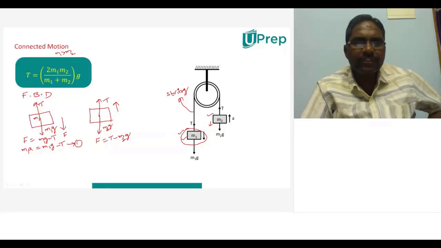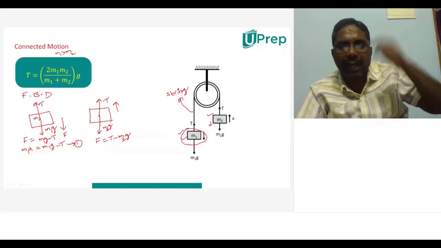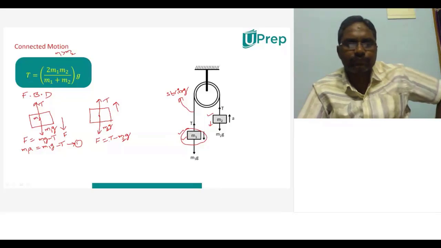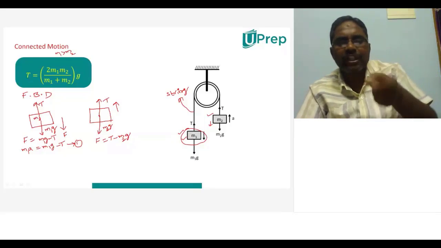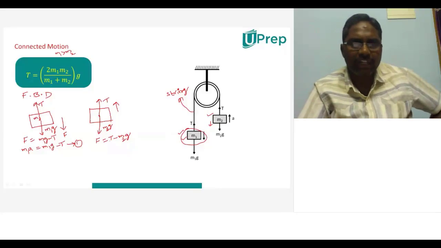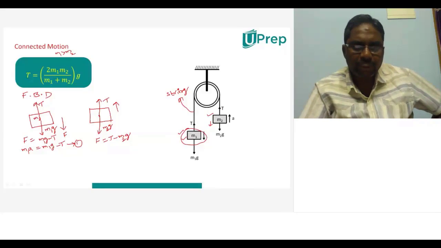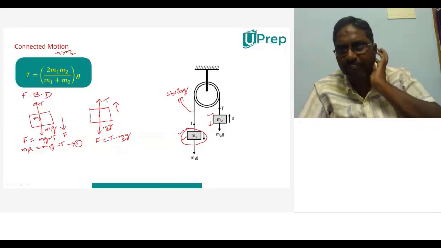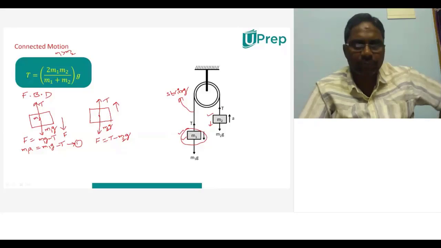Yes, sir. That means tensional force will be larger than M2G. That's why it is moving up. Or else F plus M2G is equal to T. So T minus M2G will be the resultant force actually.